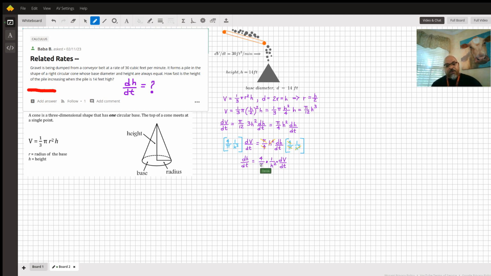And substituting in and simplifying, we're left with the formula of 4 over pi times 1 over h squared times dV/dt. And all that you have to do now is just substitute in the values. You got 14 for h and 30 for dV/dt. And then you come up with your answer.